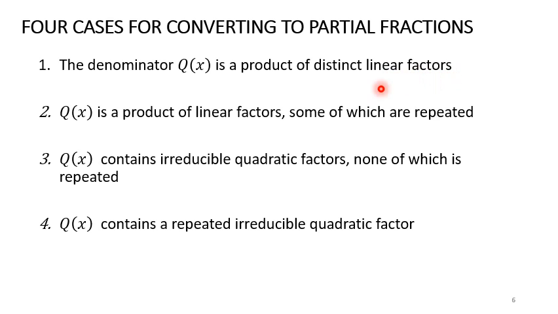For each of the 4 cases here, we have different methods of converting them into partial fractions. The key is to identify the characteristic of the denominator q. So just look at all these 4 cases. We will go through one by one with examples in the following slides, okay?